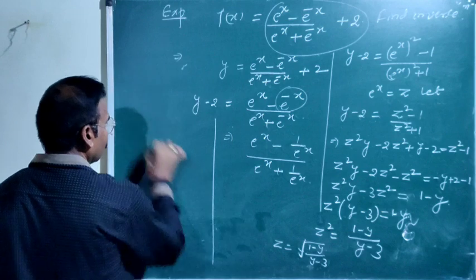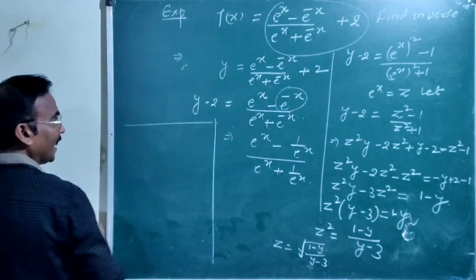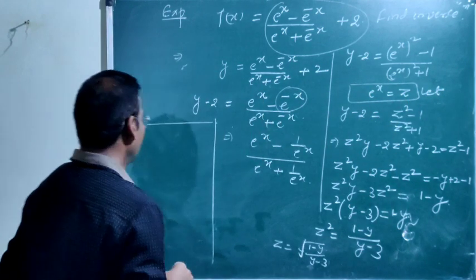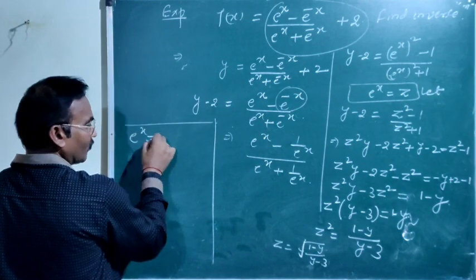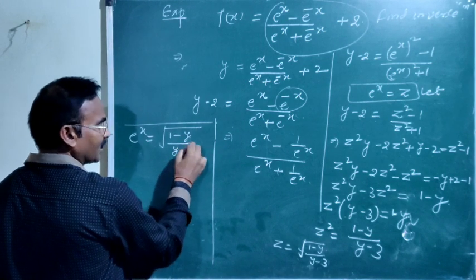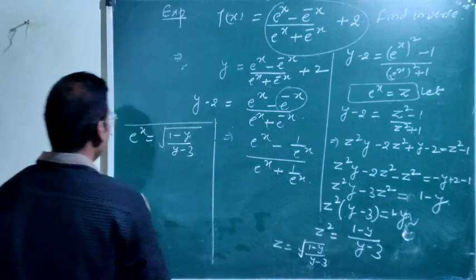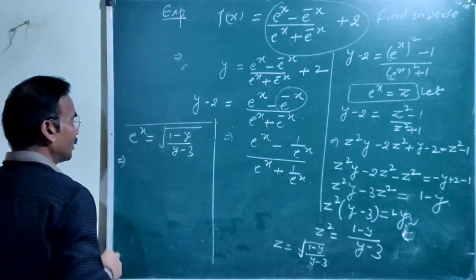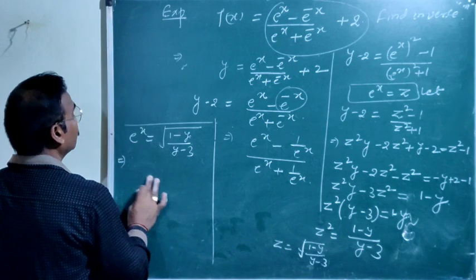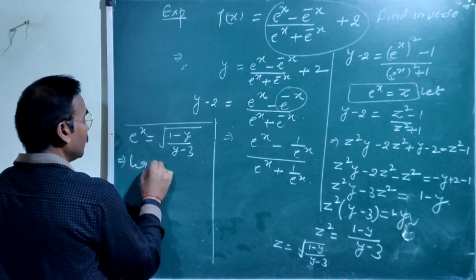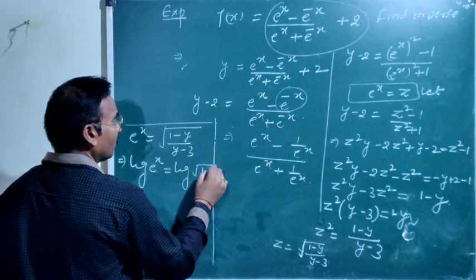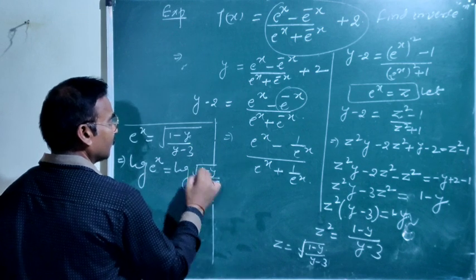Now come here. What is z? z is e raised to x. So e raised to x equals root of (1 minus y) divided by (y minus 3). Now remove the exponential, so take log: log of e raised to x equals log of root of (1 minus y) by (y minus 3).